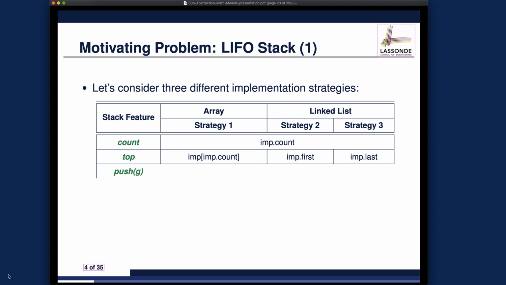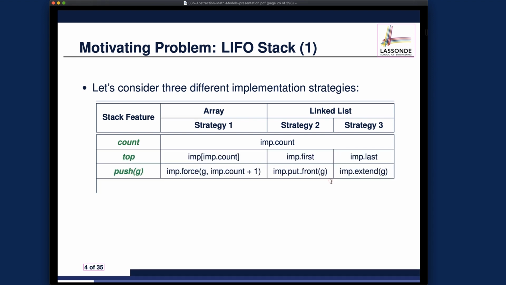Make sure you remember which one I'm referring to whenever I say strategy 1, 2, or 3. Now we can also do push, and push would be very easy. Push to the end of the array. For strategy number 2, you simply insert at the front of the list, using a command from the linked list class. You can also say implementation.extend for strategy number 3. And when you say pop, you want to retrieve an element.